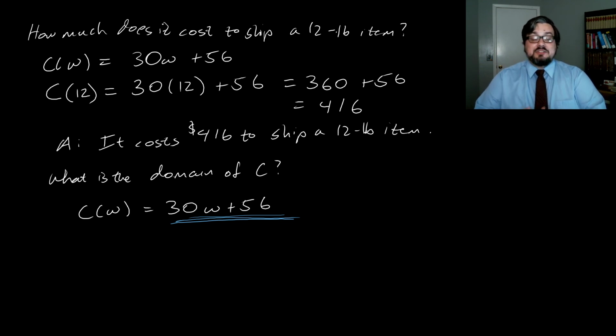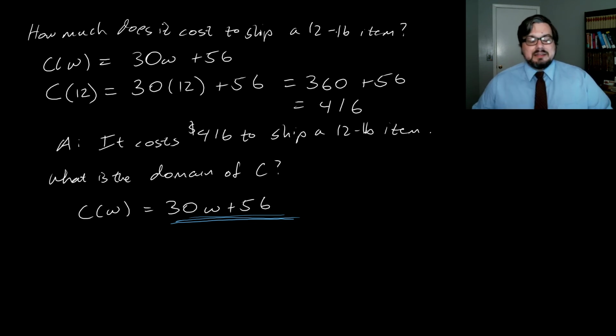In this case, the answer to both of those is no. There are none of those. From a purely mathematical perspective, we could take any real number W we like, plug it into this formula, and get a real number out of it. So from a pure mathematical point of view, there's no restrictions on this domain.